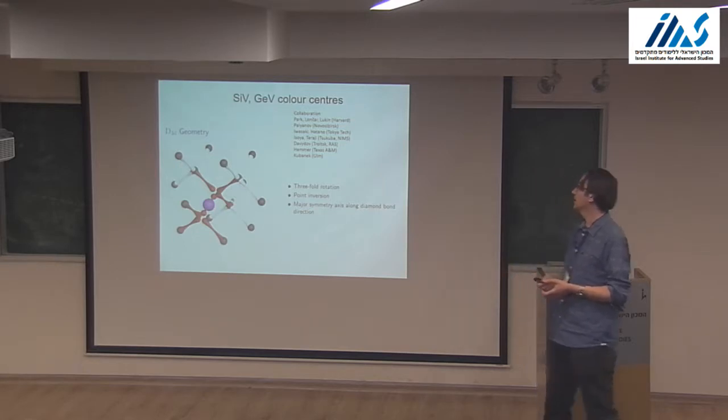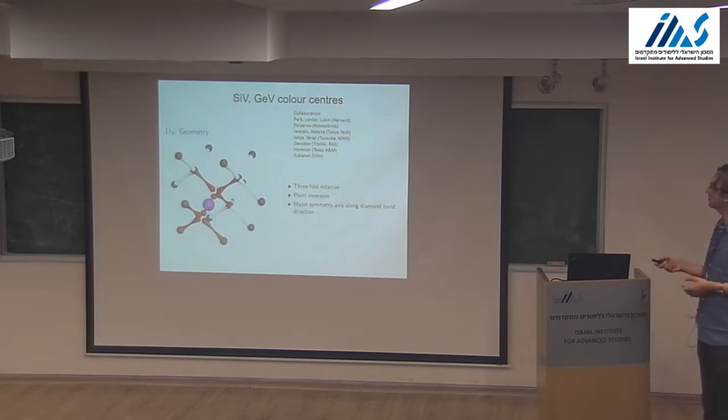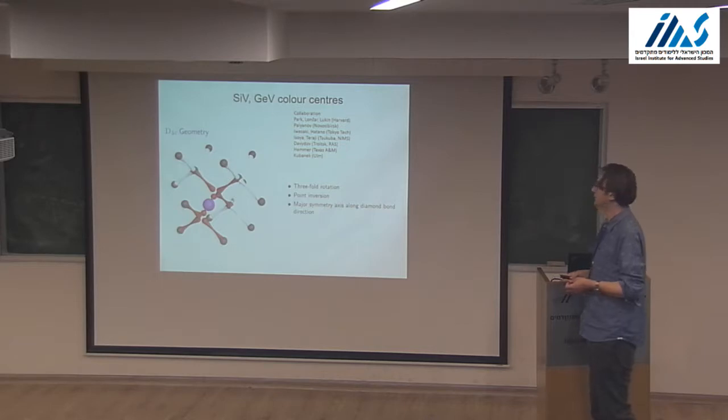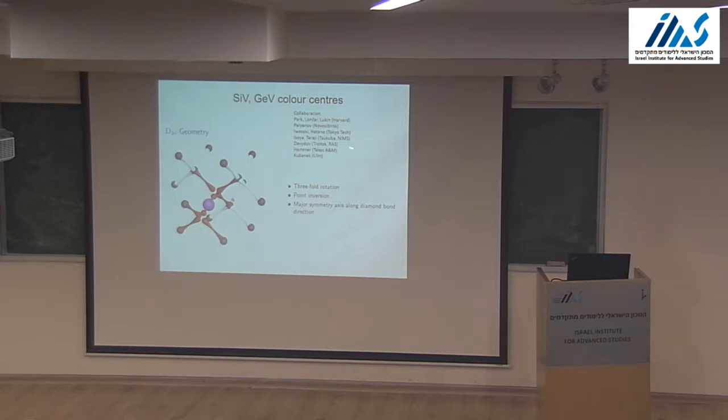This is work in collaboration with the group of Mikhail Lukin at Harvard, Viktor Palyanov in Novosibirsk, Takayuki Iwasaki and Mutsuko Hatano at Tokyo Institute of Technology, Junichi Isoya at National Institute of Material Science in Japan, Valery Davydov in Troitsk, Phil Hemmer at Texas A&M, and Alexander Kubanek in Ulm.